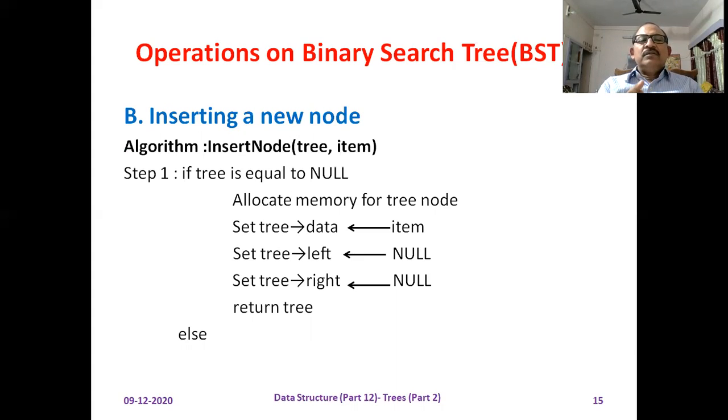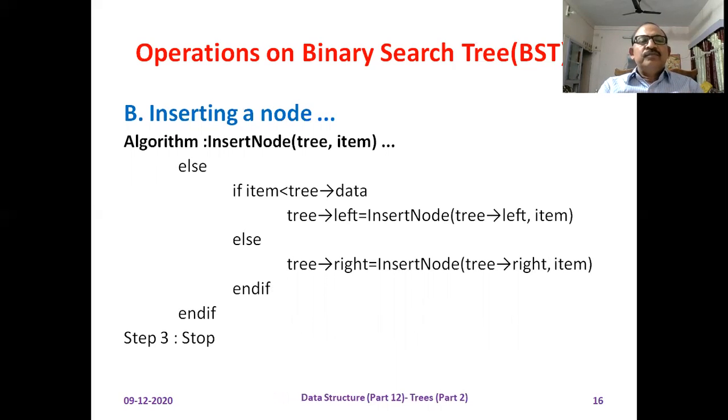If tree is not equal to null, what will we do? It means the binary search tree has at least one item, or you can say a node. What will we do in this case?